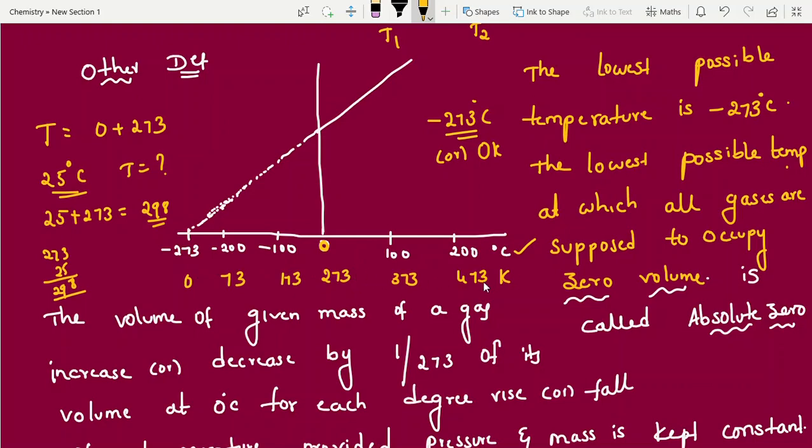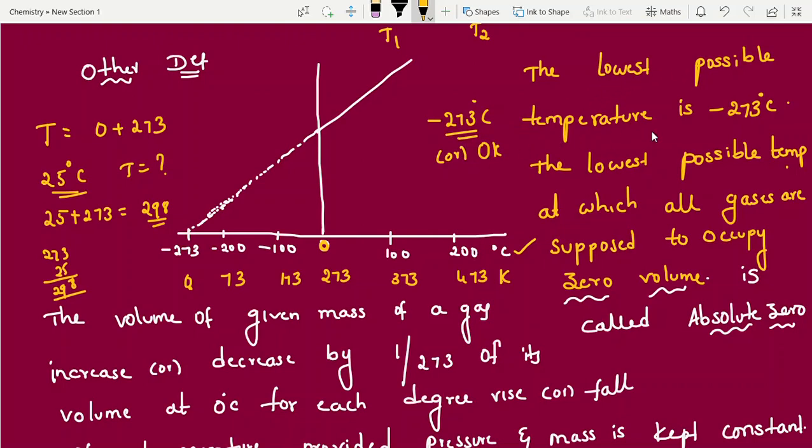If you express in terms of Kelvin, this is 273, this is 373, 473, here 173, 73, and this is 0. So finally, at minus 273 degrees centigrade the volume becomes 0, which we write in terms of Kelvin as 0 Kelvin.